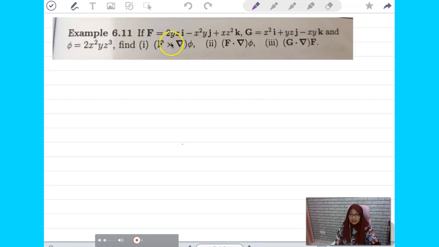When you have a vector and a vector with a cross, it is valid, mathematically correct. So how can we evaluate this where the gradient is after the vector F? Because for curl, it should be the gradient first cross F, but now it is F cross the gradient. So this is not curl.